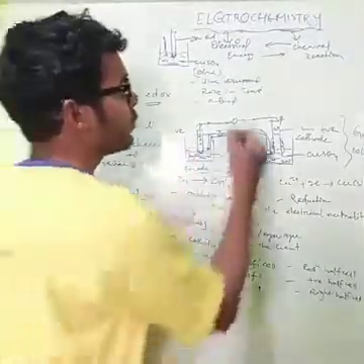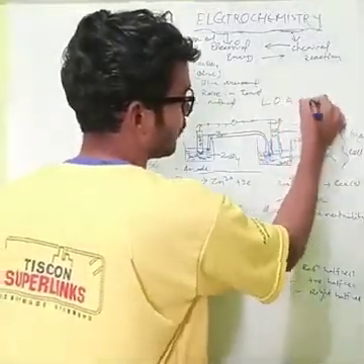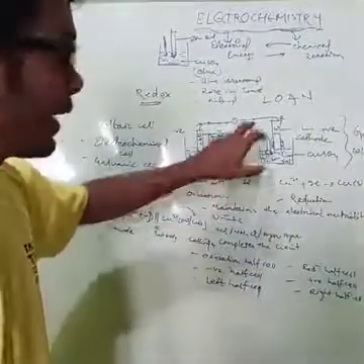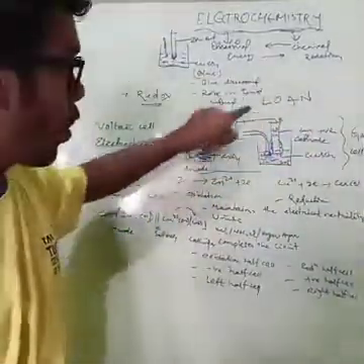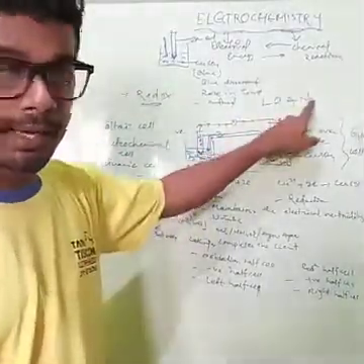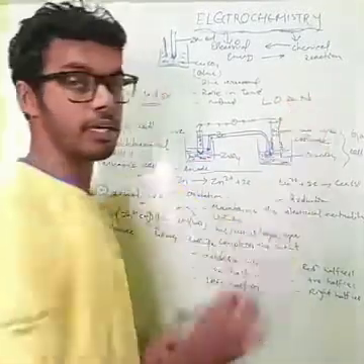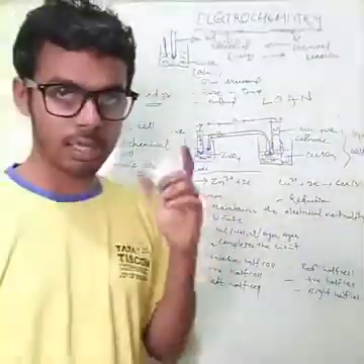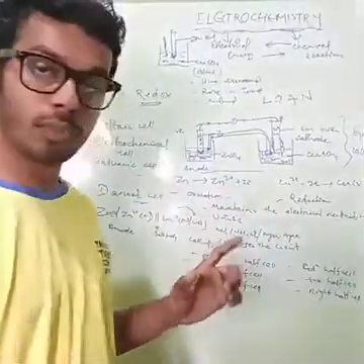You can remember this trick, LOAN: left, oxidation, anode, negative. That is in the case of a galvanic cell.